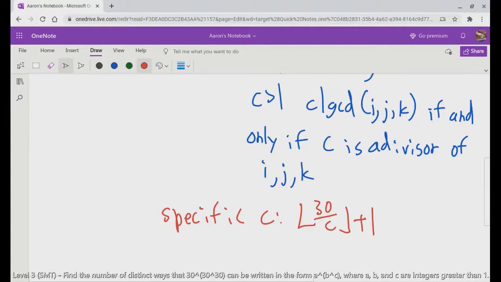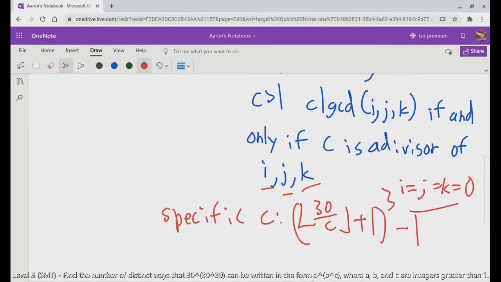And so basically, we can cube this because this works for each of the i, j, and k. However, we need to subtract 1 because we cannot have i equals j equals k equals 0. This is the only thing that we need to subtract out, and all the other cases can work for a specific c.